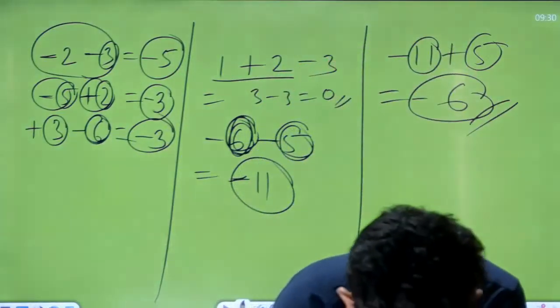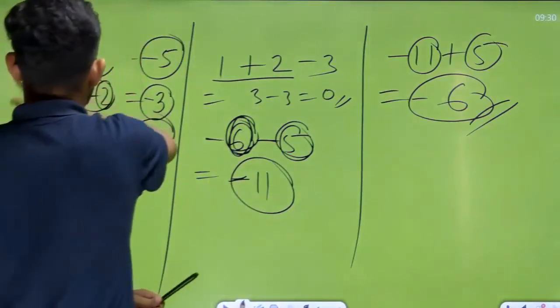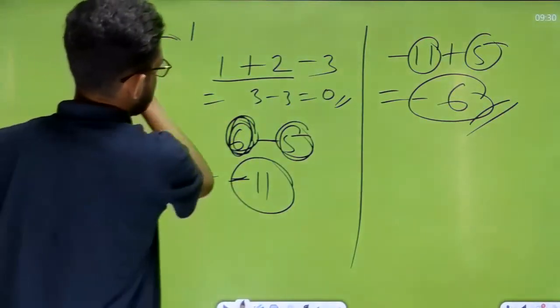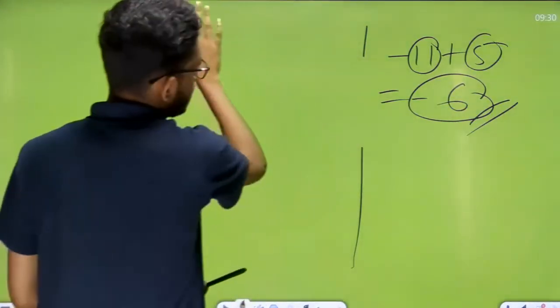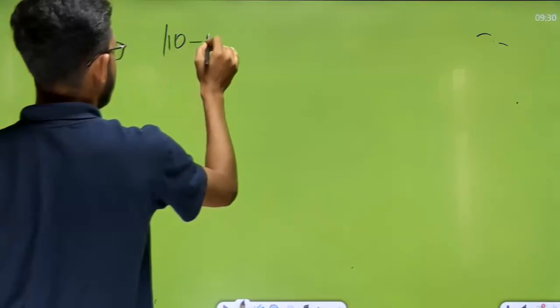See here, very good question. This is an MCQ question only. Okay, all of you see here. Be focused here only. 10 minus 4 divided by mod minus 3.